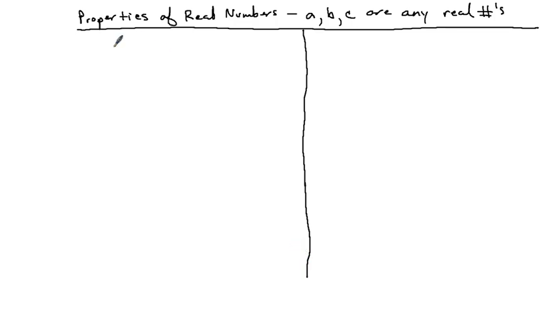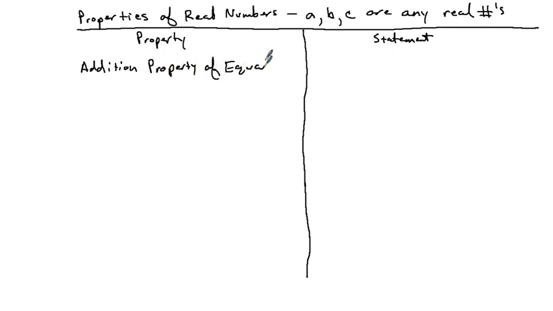So we're going to split our paper. We're going to start by writing the name of our property on this side, and this will be our statement that goes with it. So we're going to start with something called the addition property of equality. Okay, and this may not make a lot of sense at first, but I promise it will when we're done.